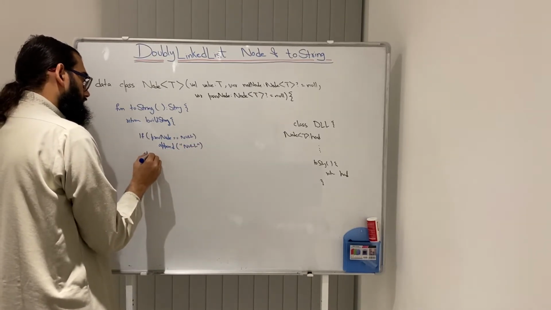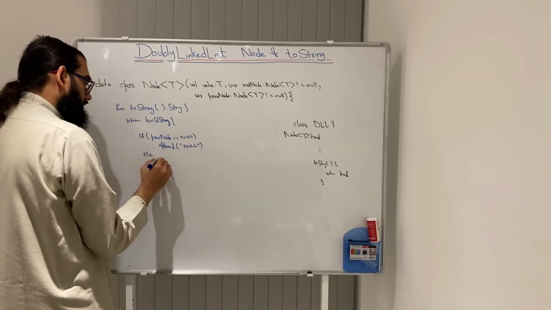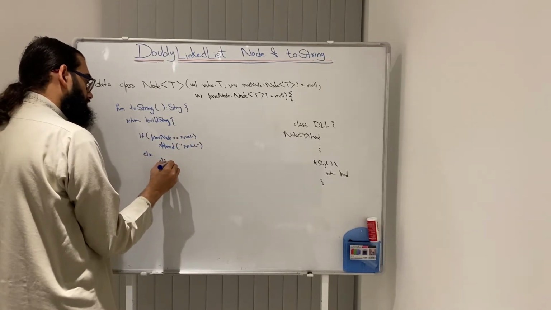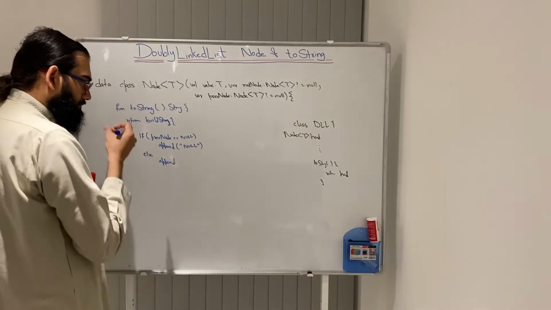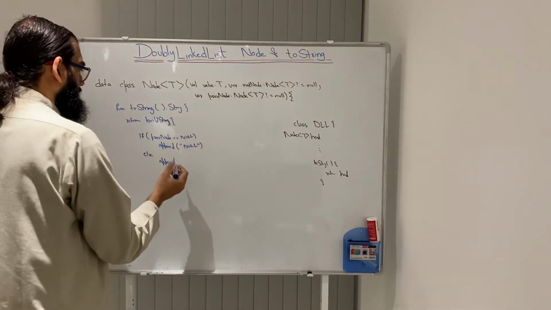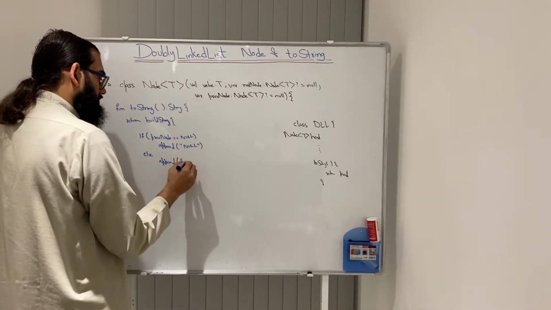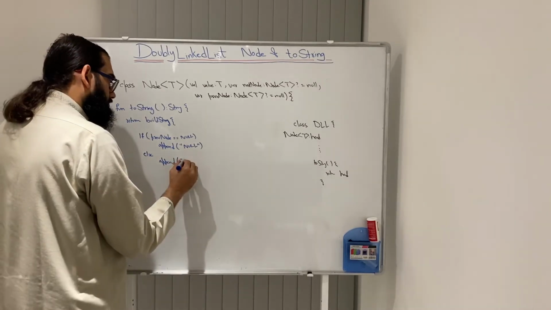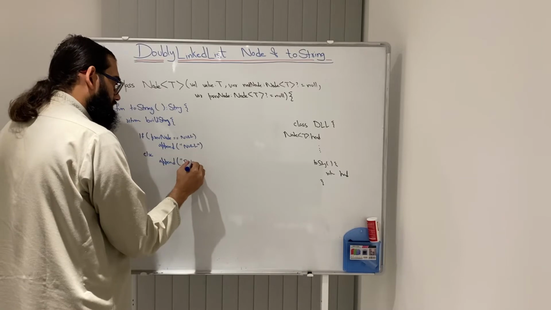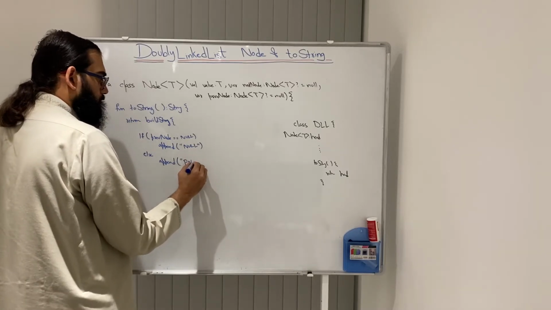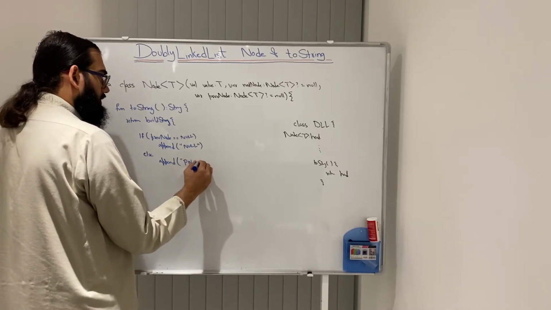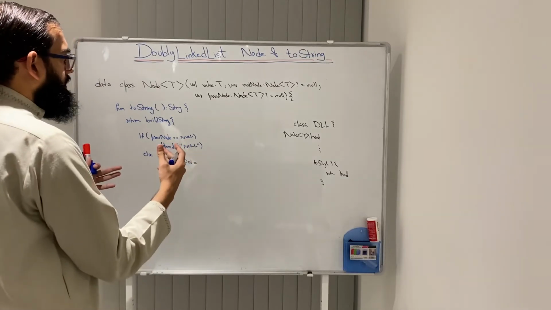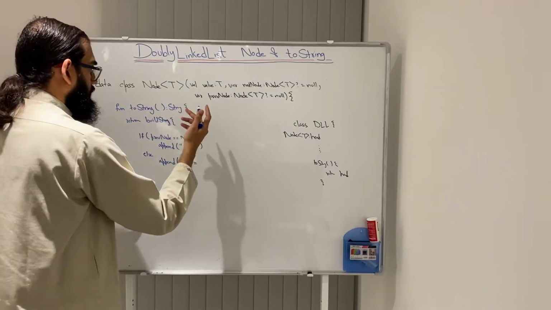Else if you are not null, then what you will do, you will say, okay, append, and I can add the value previous node and pn is equal to, and give me the data of the previous node.